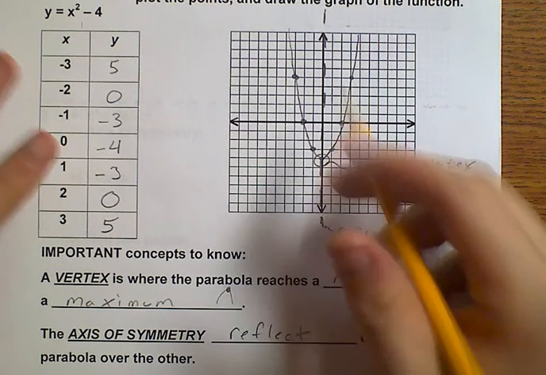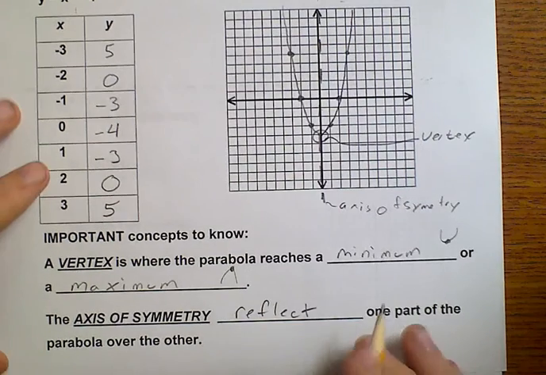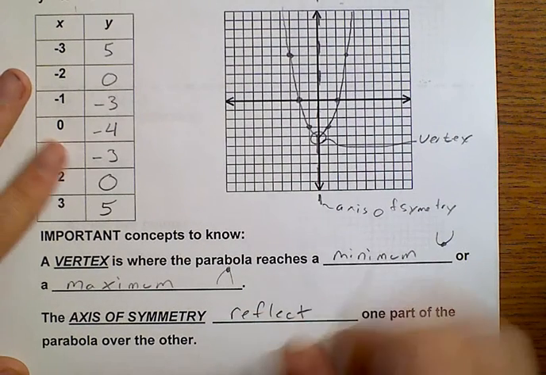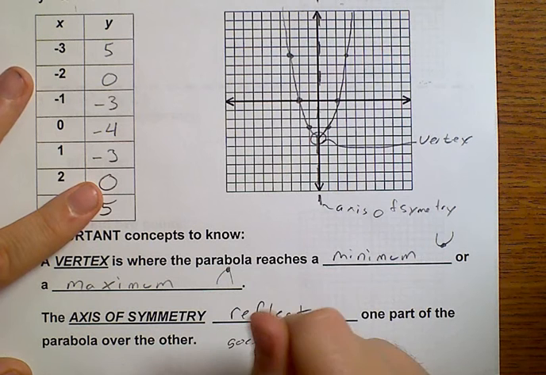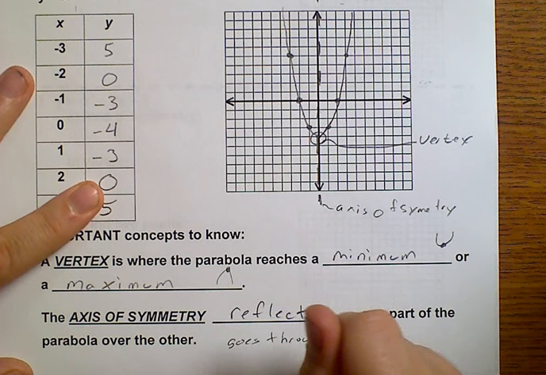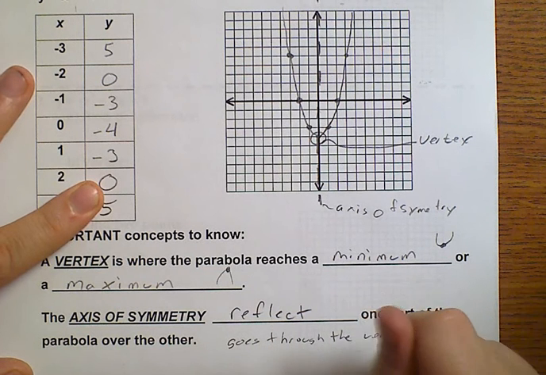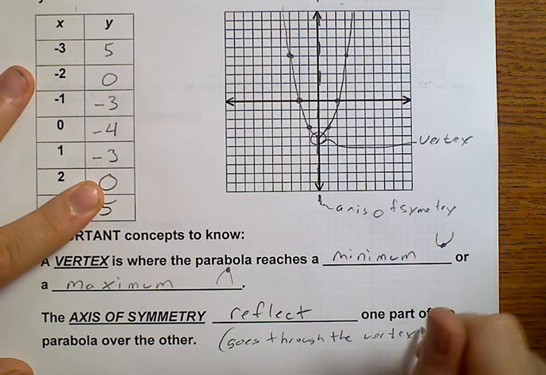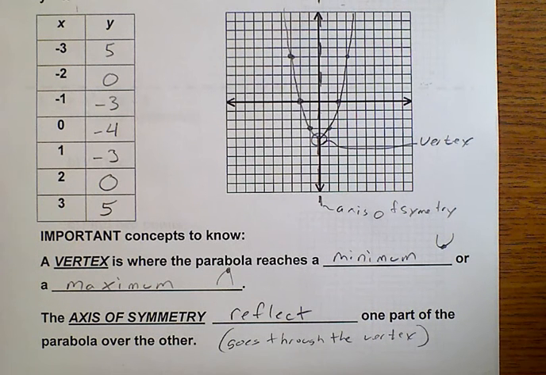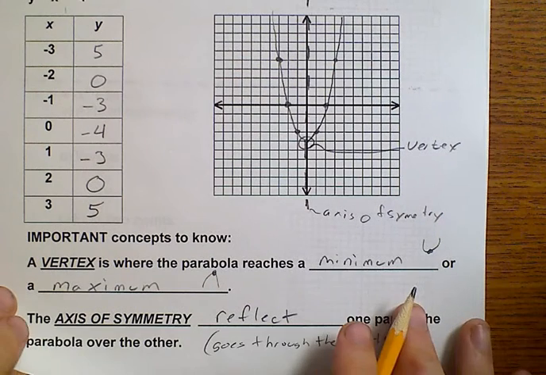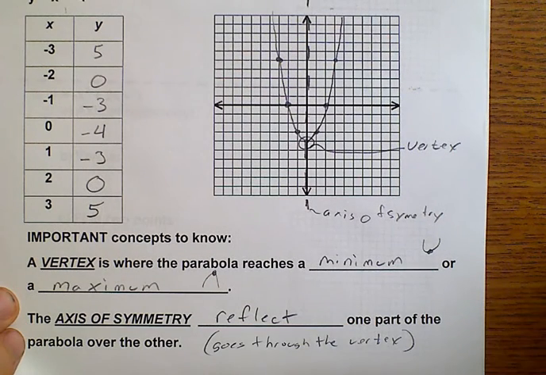It always goes through the vertex. So let's go ahead and use some of this knowledge to answer some problems.